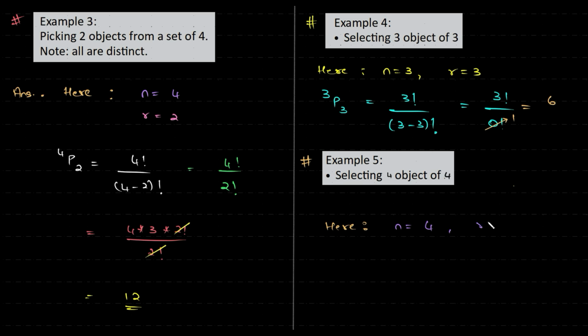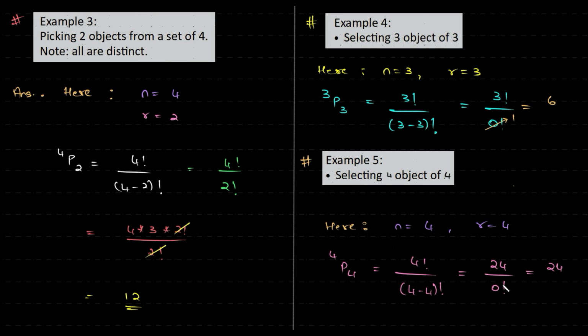So n is equal to 4, r is equal to 4. So basically the formula will be 4P4. So 4 factorial divided by (4 minus 4) factorial, that is 0 factorial. So 4 factorial, we know that is 12, divided by 0 factorial, which is 1. So basically this answer is 12. Wait, 4 into, so 24, my bad. Not 12, 24.